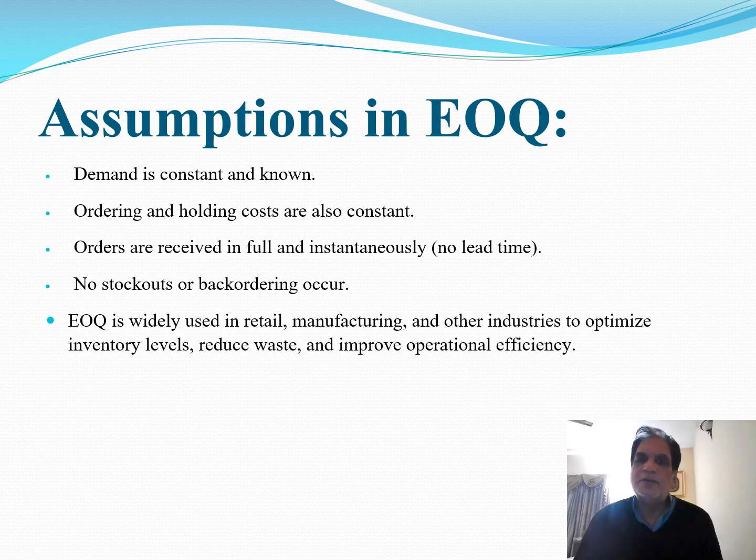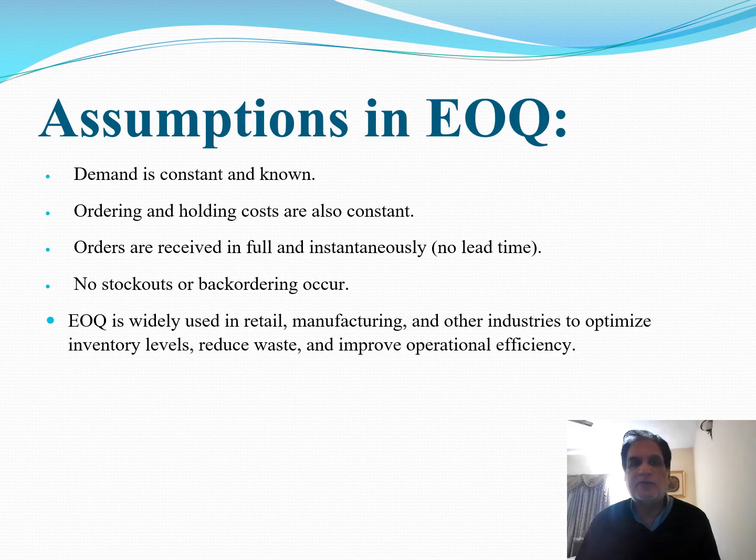While using this formula to find out the most economic order quantity, following are the assumptions we should have. The first one is demand is constant and known. So we should know what the demand is, and it should stay constant. Number two is ordering and holding cost is also constant. So when we place the order and keep the inventory, that cost also stays the same for the whole year.